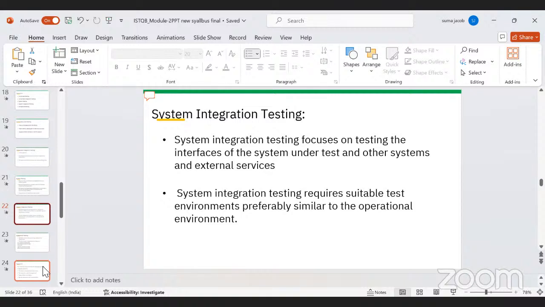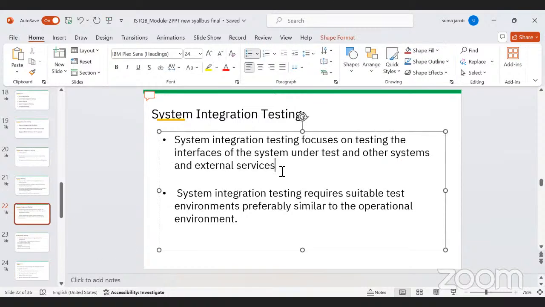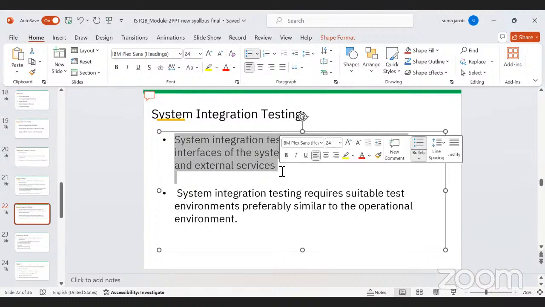So there is an integration between your system, Amazon's application, and a different system, that is the banking system. System integration testing is when you focus on testing the interfaces of the system under test and other systems and external services. When you integrate two different systems and you are checking the integration, interface or communication between these two different systems, that is system integration testing.